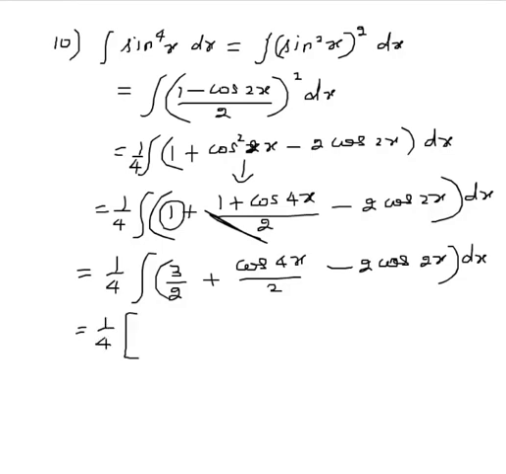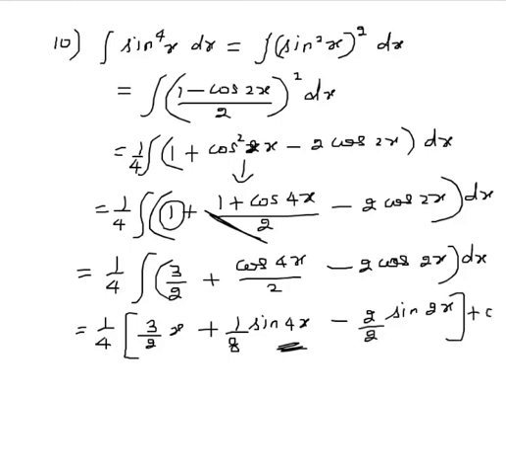1 by 4 times 3 by 2 is a constant, so it becomes 3 by 2 times x. And integral of cos 4x is sine 4x divided by 4. 4 2s are 8. Minus, you have to divide by the coefficient of x term. 2 times integral of cos is sine 2x and divide by the coefficient of x, which is 2, and plus c.